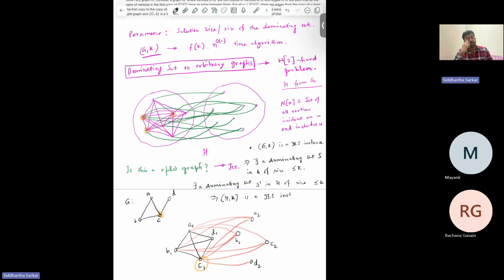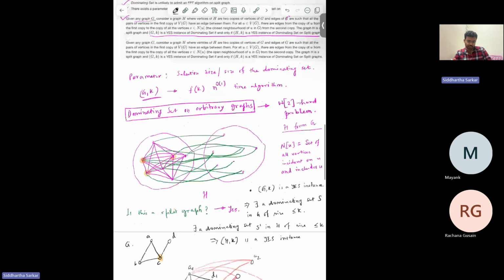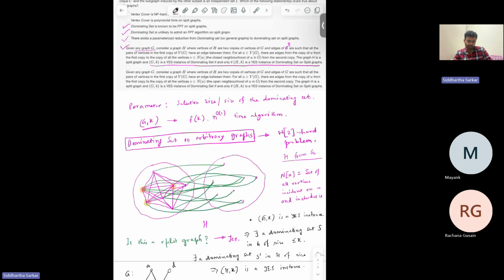All right. So now we have to see the other part. I think this part is clear. If it is not clear, then you can ask me. All right.